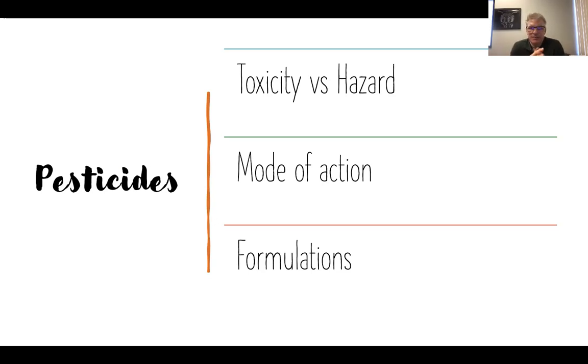Then hazard is that potential. So you could have something that's extremely toxic, but if it's very low hazard and you're wearing proper personal protective equipment, then there's not going to be that exposure. Or you could have something like table salt, which is relatively low in toxicity. But if you're going to be drinking it or eating it in huge amounts, you could end up in a very precarious situation.